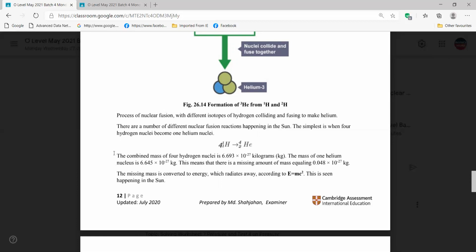This means that there is a missing amount of mass equal to 0.048 into 10 to the power minus 27 kg. The missing mass is converted to energy, which radiates away according to E equals mc squared. This is seen happening in the sun.